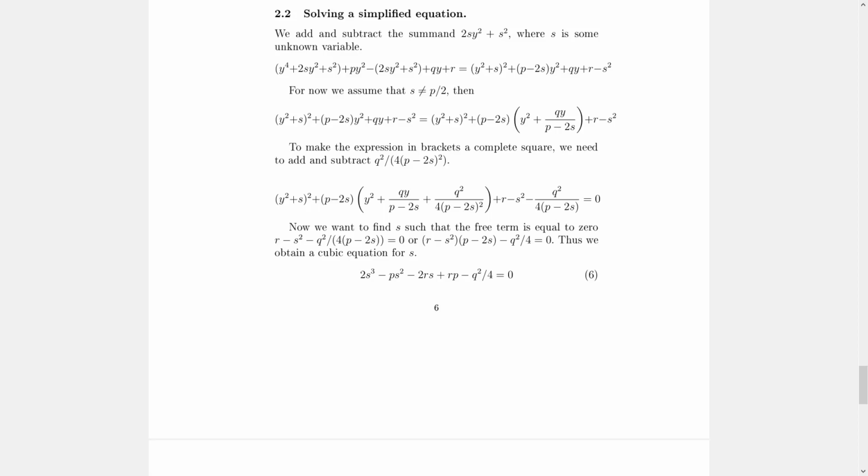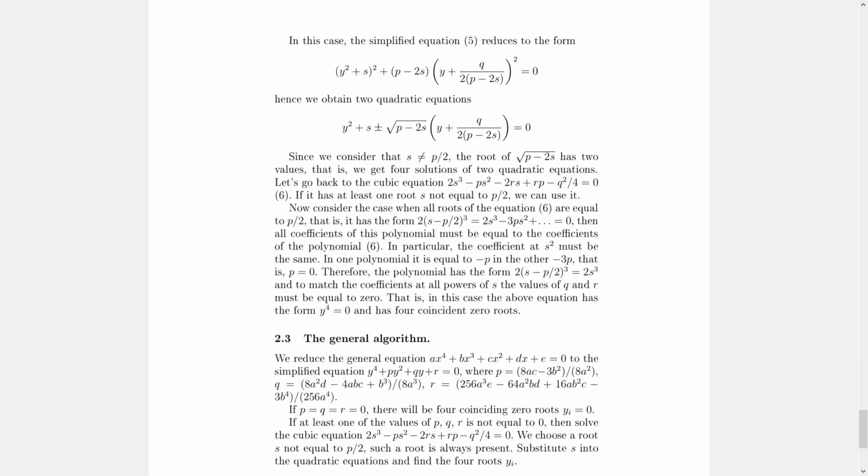Or r minus s squared multiplied by p minus 2s minus q squared divided by 4 equals 0. Thus we obtain the cubic equation for s: 2s cubed minus ps squared minus 2rs plus rp minus q squared divided by 4 equals 0.